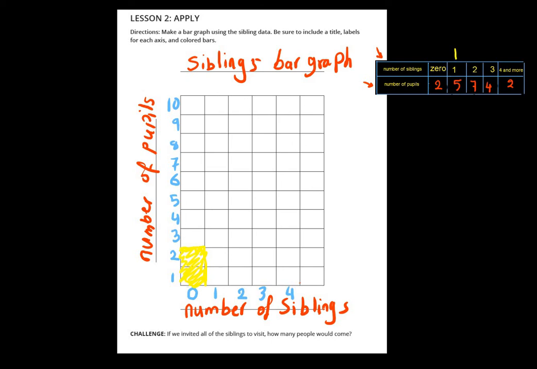We change the color. 1, 2, 3, 4, 5 until here. The children who have 2 are 7, so we color 7. 1, 2, 3, 4, 5, 6, 7 until here.